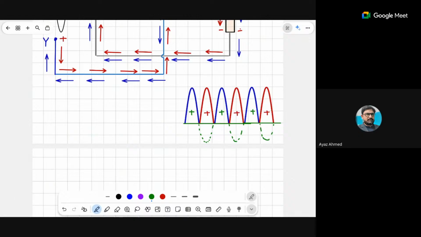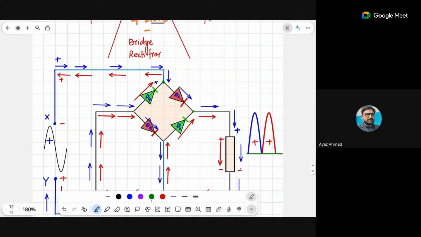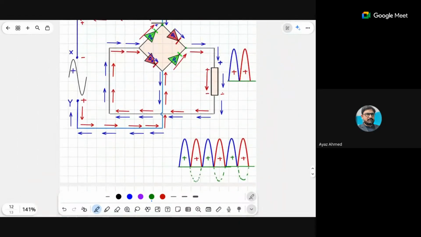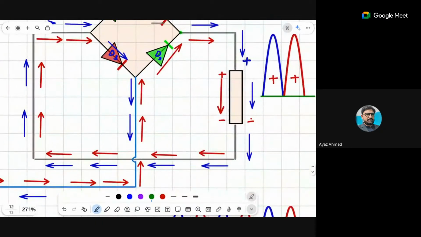So this is how, if you have to draw the diode with the output having a negative sign at the upper edge and positive at the lower edge, then you have to reverse the diode.